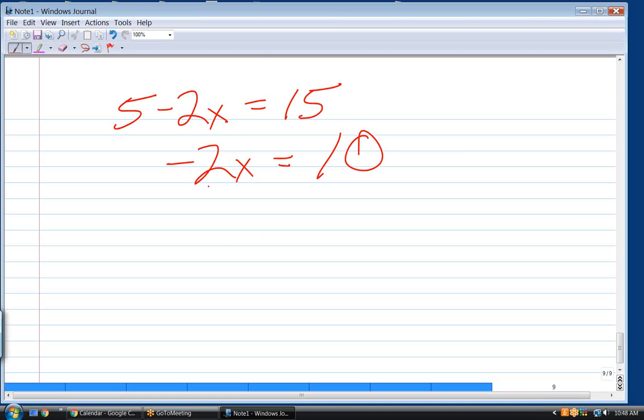You were dividing by 2. But let's divide by minus 2. In other words, if we divide by minus 2, we will isolate the x immediately. So that's x equal to 10 over minus 2. Which is? Minus 5. Good.